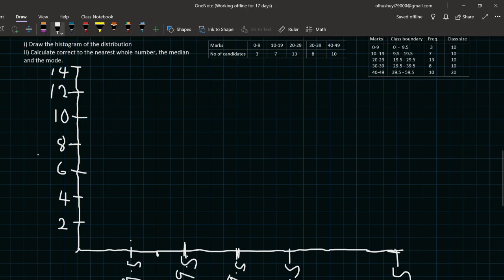And the first 0 to 9.5 is on 3, frequency 3. So I have frequency 3 here. This done. The next one, 9.5 to 19.5 onwards, 7. This is 7. So what I have to do is this.